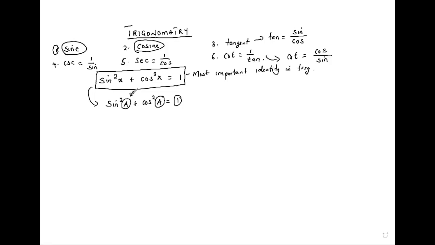So we have what we call a quadrant. We have the first quadrant, the second, the third, and the fourth.